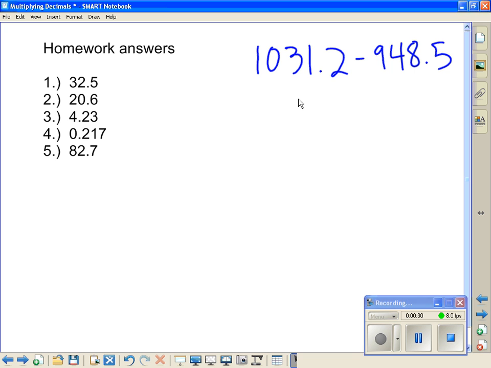So we have 1031.2. What's a good way to line up the decimals here? What's a safe way to do that?